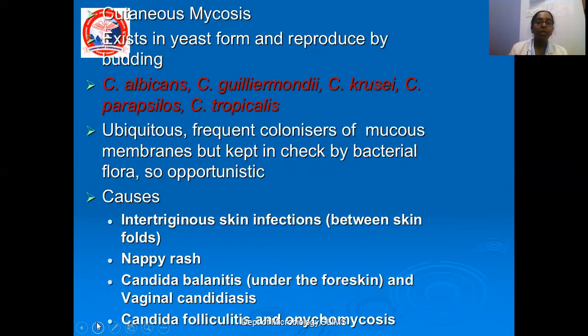The common Candida infection is usually seen in the intertriginous skin. The most common species which infect are Candida albicans, guilliermondii, krusei, parapsilosis, and tropicalis. Usually these are nappy rash, Candida balanitis, and Candida folliculitis, which are the most common.